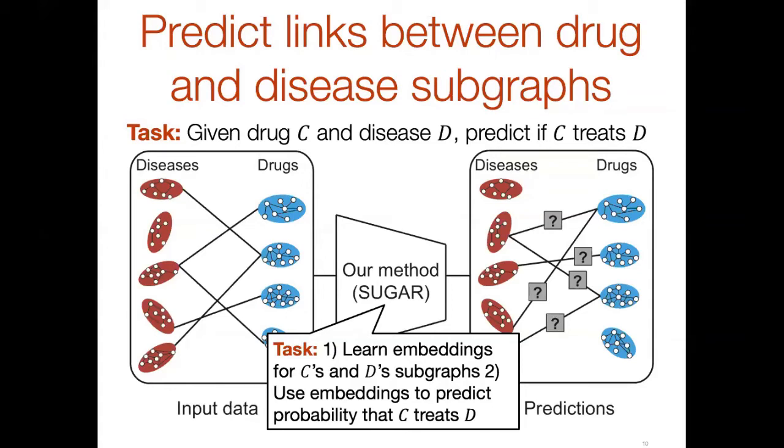Our method, which we call SUGAR, learns embeddings for those drugs and diseases. So for every drug and disease, we have a low-dimensional vector representing the drug and the disease well, and summarizing the drug structure in the underlying biological network. And then the method combines an embedding of a particular drug and disease and comes up with a score representing how likely a drug will treat the disease.